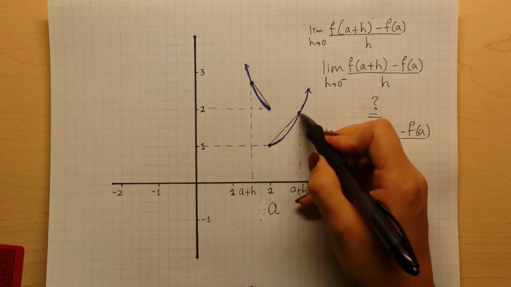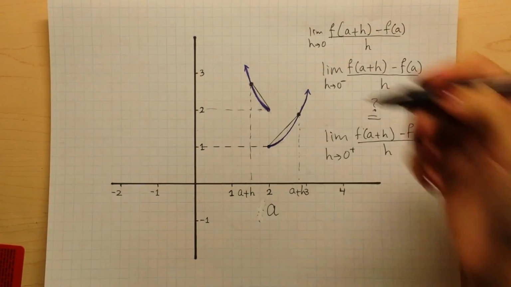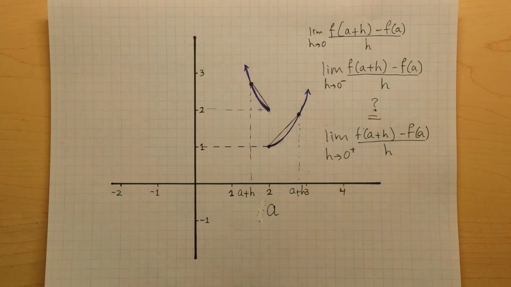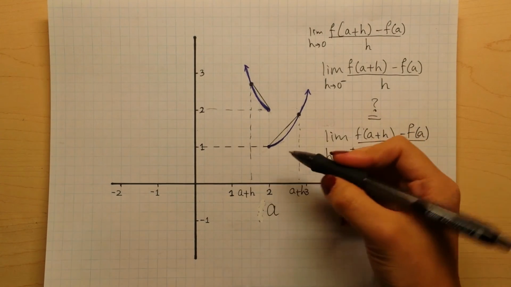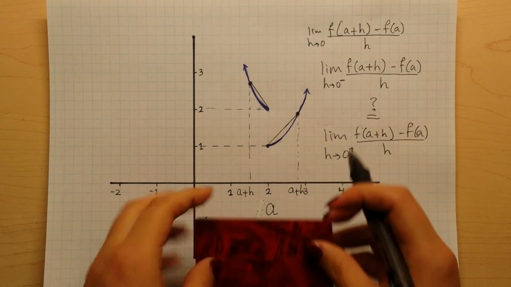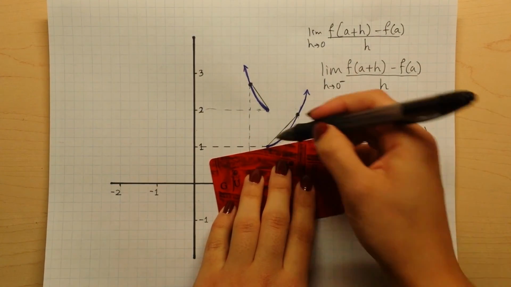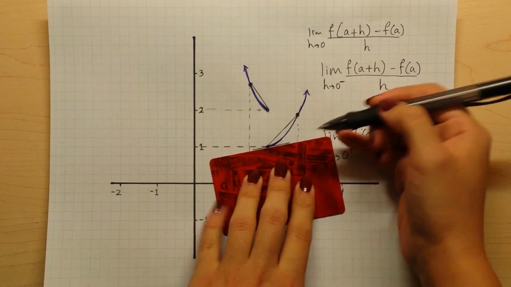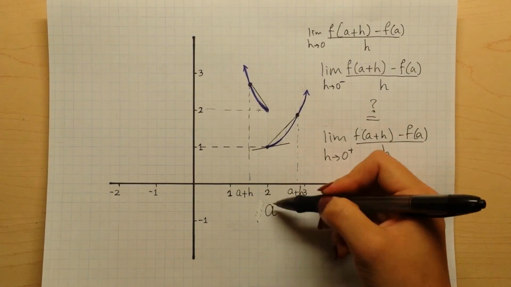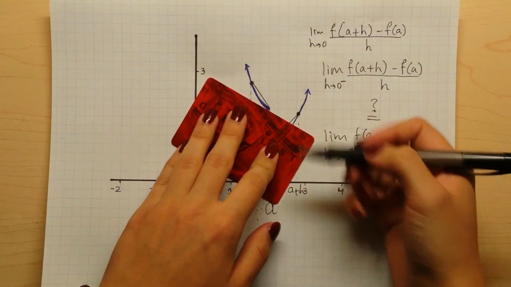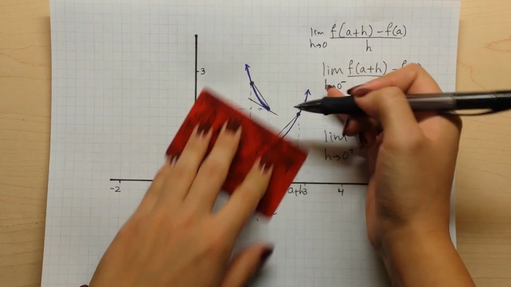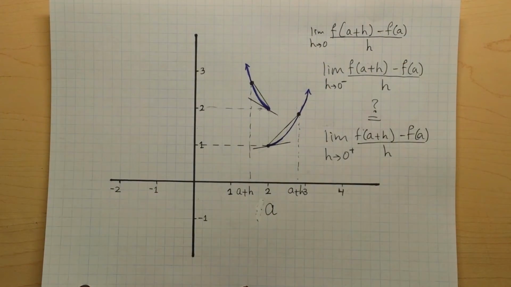And I have just drawn secant lines. Now I want to show you the secant line approaching a tangent line at A. How would that look? Because here we will have two tangent lines. One tangent line here for A, and another tangent line will look like this. So how does that work?